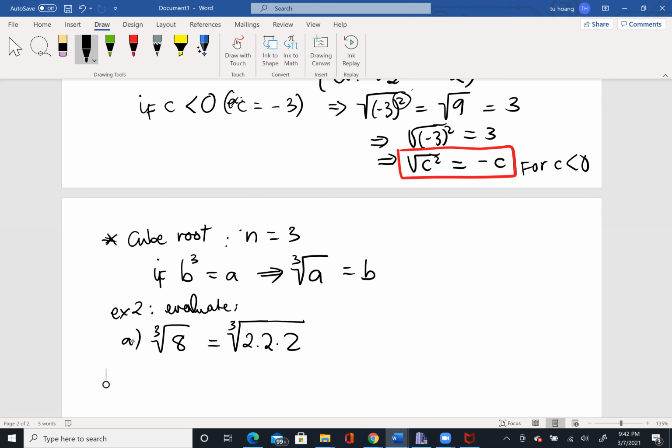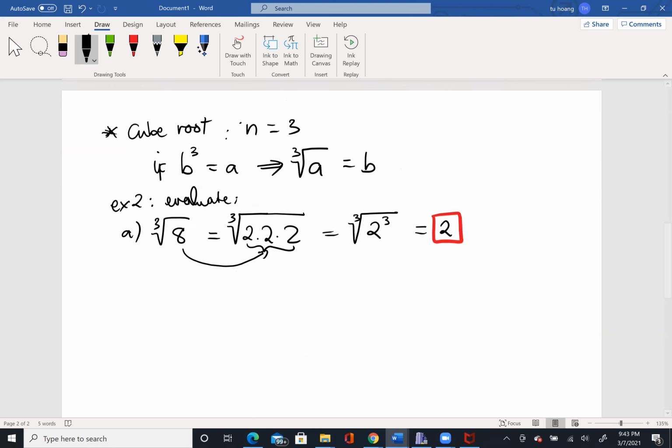Everyone knows that. Number 8 can be rewritten as three 2s, and that can be rewritten as 2 to the power third. So since it becomes 2 to the power third, now I can just use the cube root to cancel the power 3, and then I have only 2 as the answer. Okay.